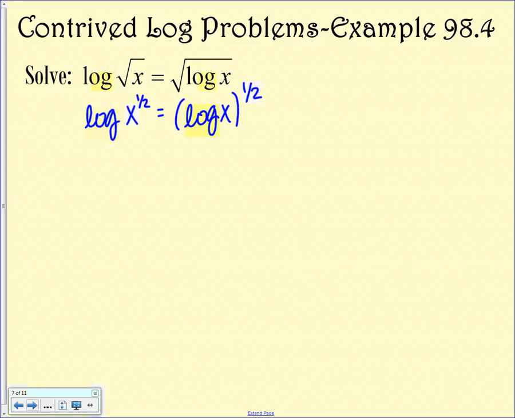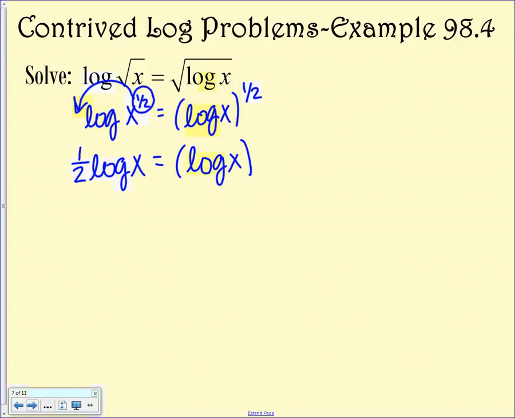Now on the left side, we can take this 1/2 and move it to the front. So we would have 1/2 log of x equals log of x to the 1/2. Now at this point, what you're going to want to do is to set everything equal to 0. Well, before we do that, you want to more than likely make the right-hand side just a log of x instead of log to the 1/2.